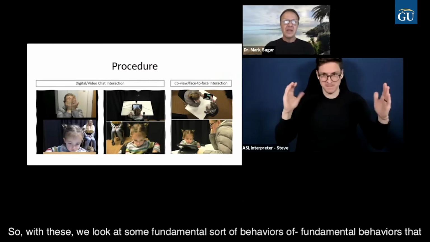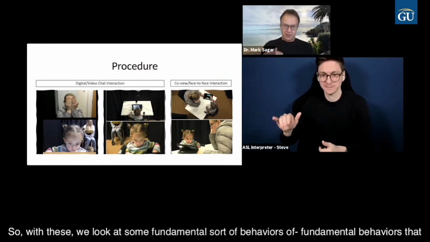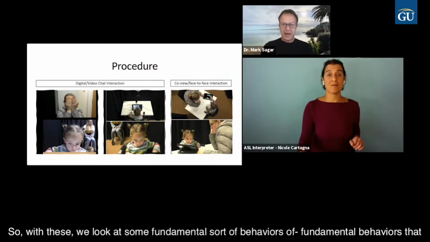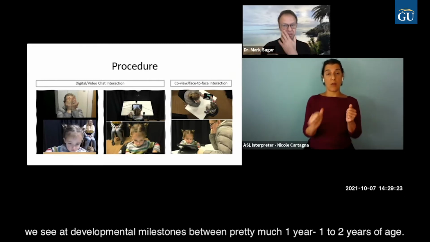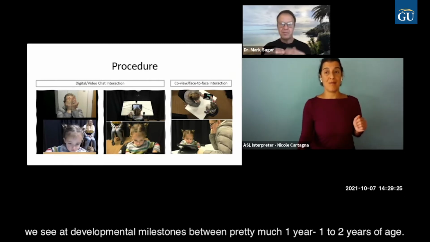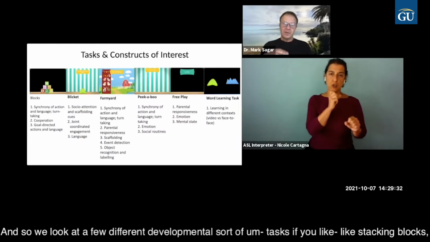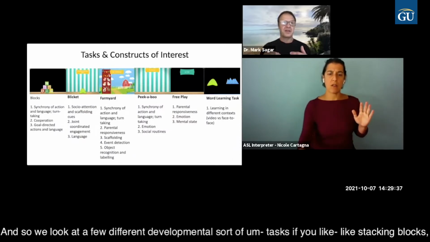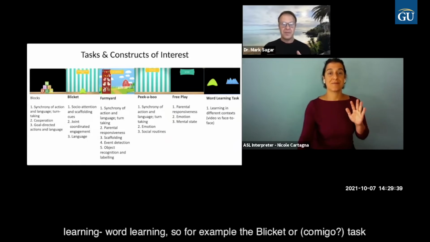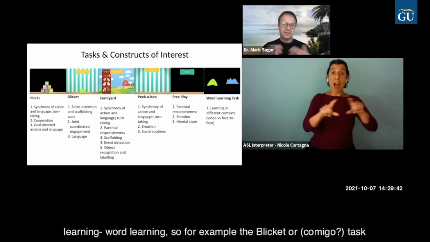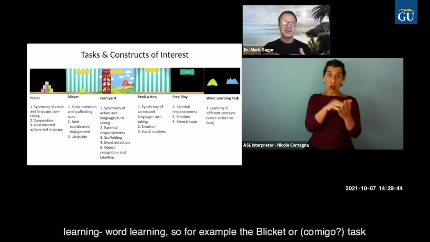With these, we look at some fundamental behaviors that we see at developmental milestones between pretty much 1 to 2 years of age. We look at a few different developmental tasks, like stacking blocks and word learning, for example the Blickert or Meadow task.